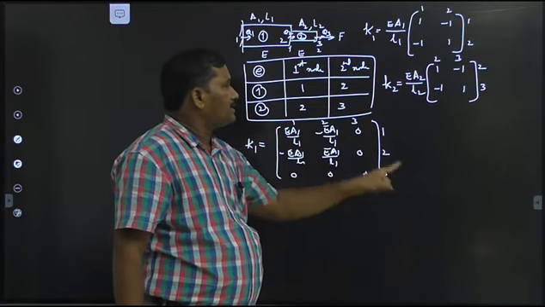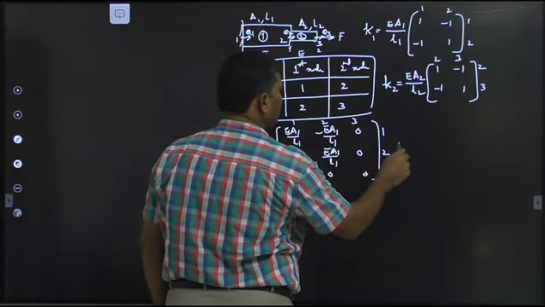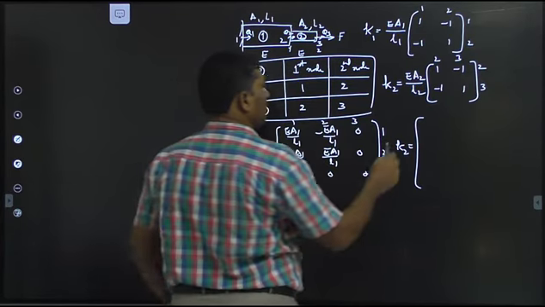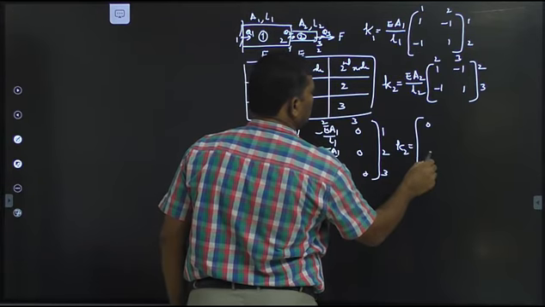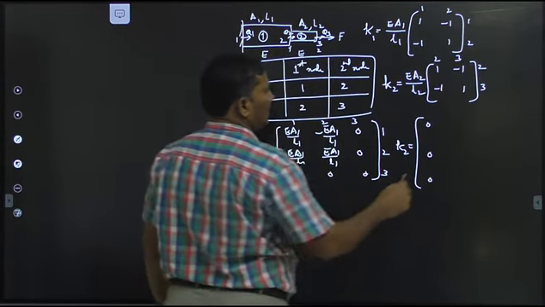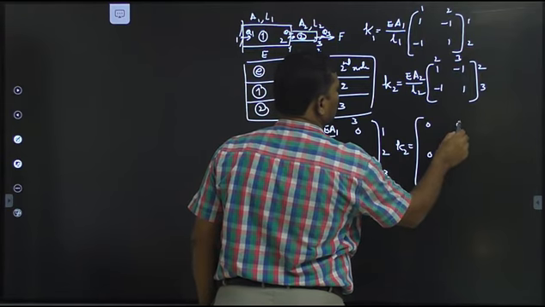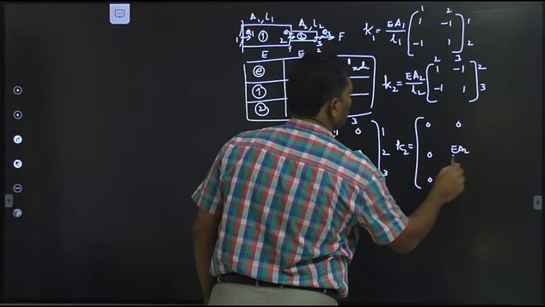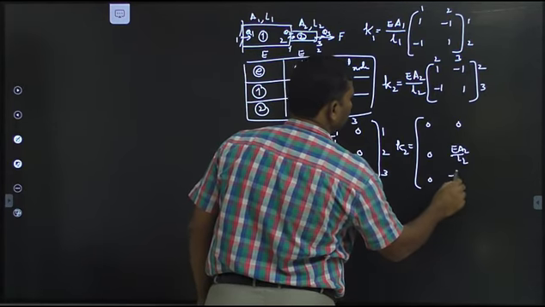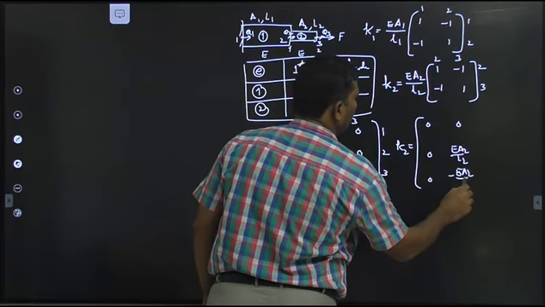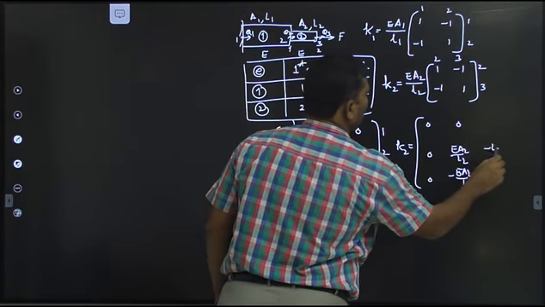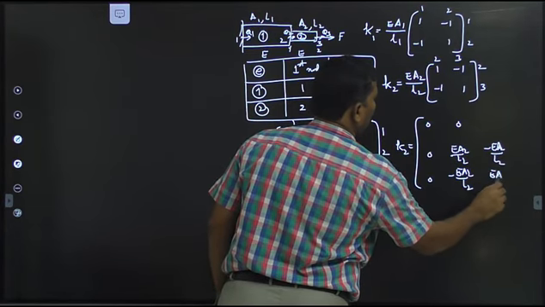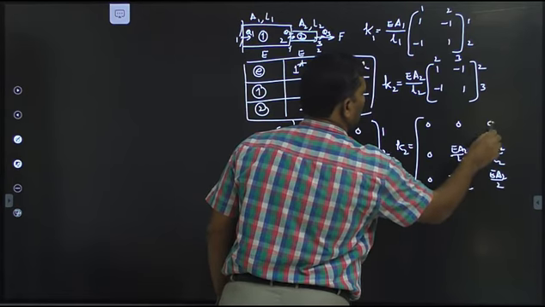Now, how do you write K2? K2 equals a 3 by 3 matrix. Here 0, 0, 0, and 0. Now, EA2 by L2, next minus EA2 by L2, here minus EA2 by L2, next here EA2 by L2 and here 0.